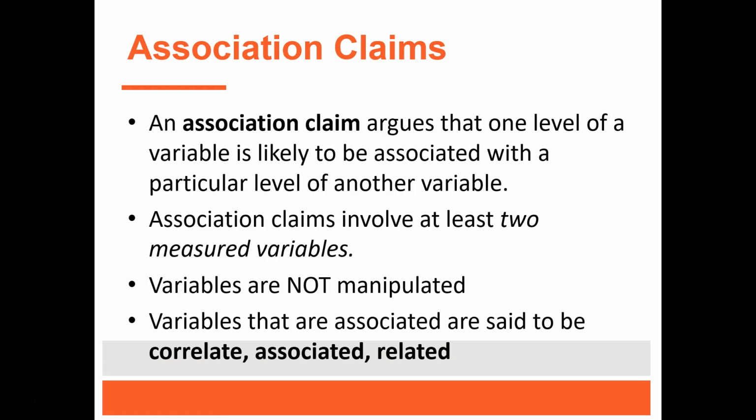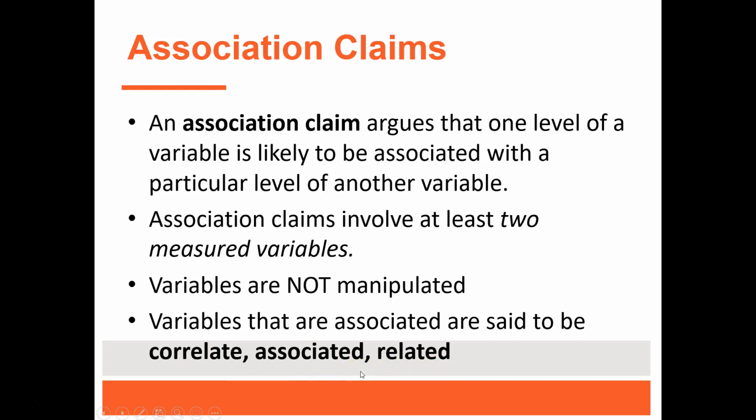Now, what about an association claim? An association claim argues that one level of a variable is likely to be associated with a particular level of another variable. So an association claim involves at least two measured variables. There's the key. The variables are not manipulated, and we use words in an association claim, things like these two variables are correlated, these two variables are associated, these two variables are related.